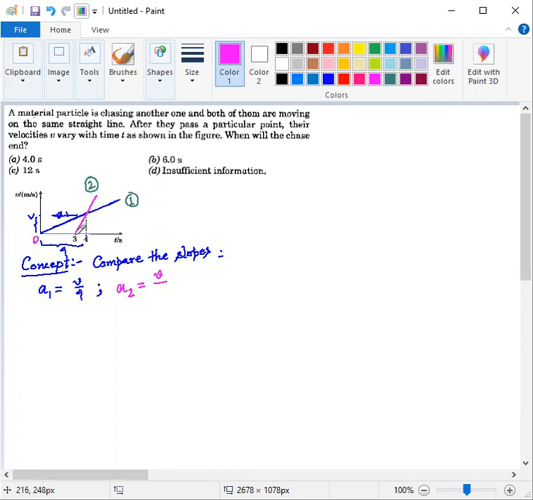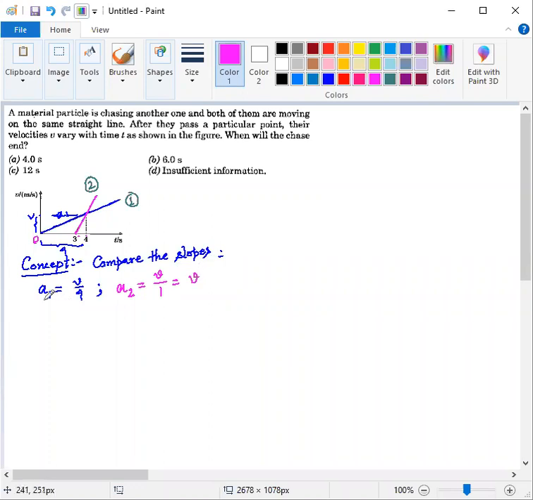For the second particle, it starts from the point 3 and meets at time 4, so the change in time equals 4 minus 3, that is 1. So a2 equals only v.